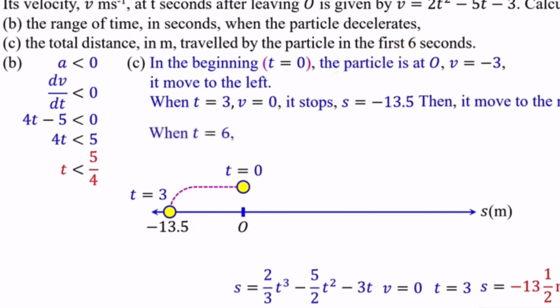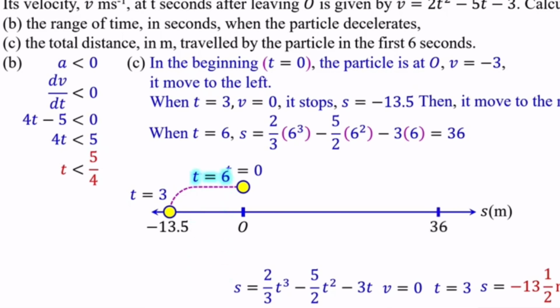And at the 6th second, the particle is having displacement. Let's substitute and see. So 2 over 3 times 6 cubed minus 5 over 2 times 6 squared minus 3 times 6, we will get a positive displacement. It means the particle is moving from the left to the right, from negative 13.5 meters to the positive 36 meters for the displacement.